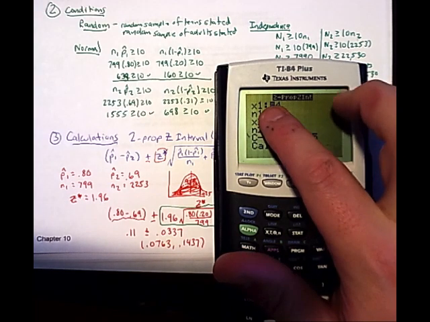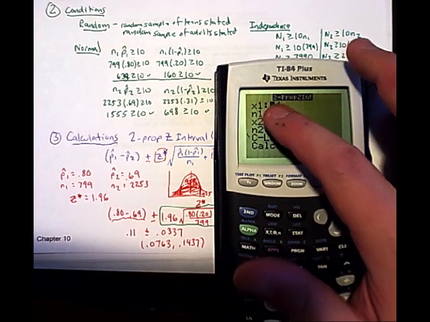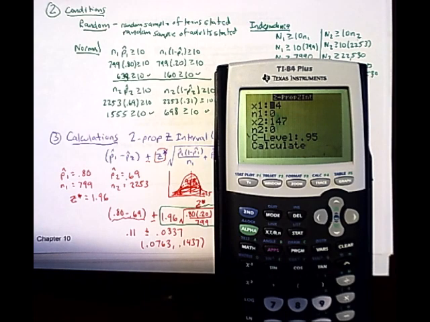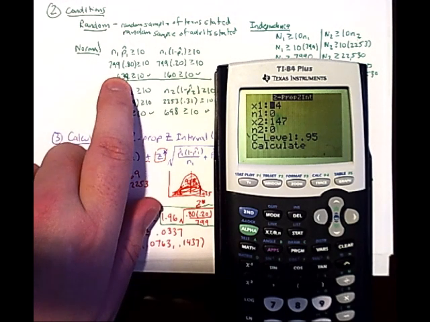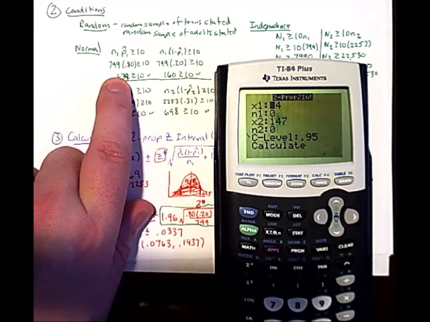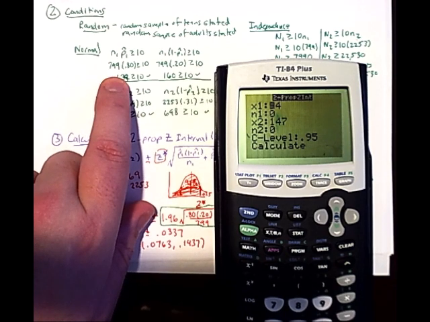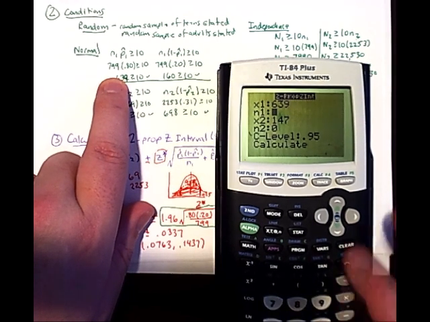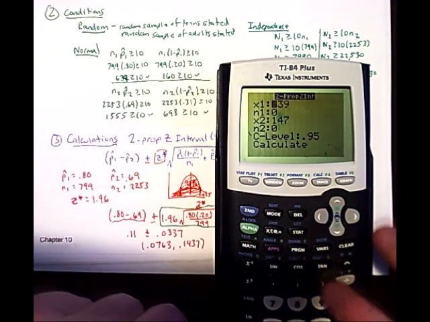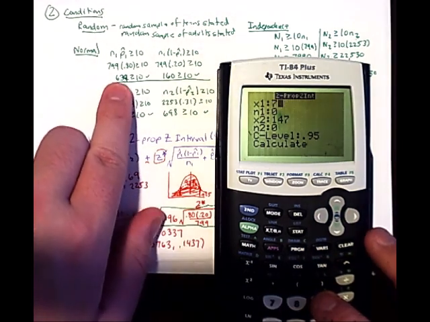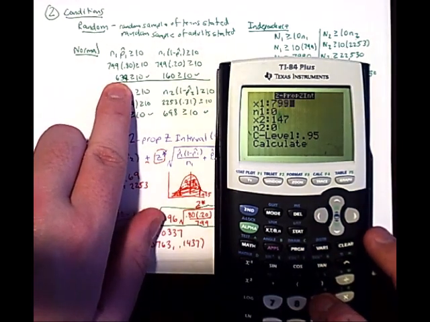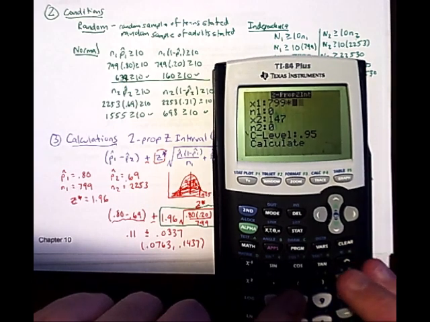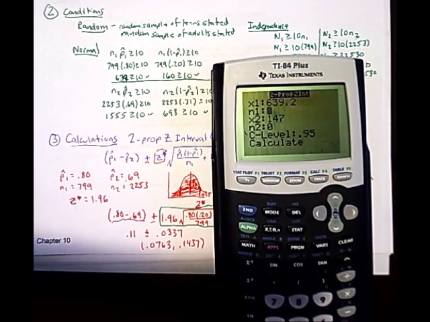Now they're asking for an X1, but X1 is the number of successes. You know where we can find that? Right there, 639. That's the number of successes. And another way you can do it, just using your calculator, because I remember I rounded that: take 799 times 0.80, and it'll give you the exact value, 639.2.